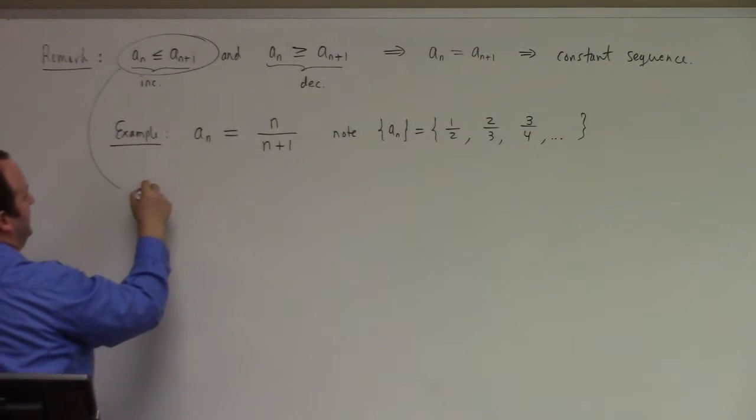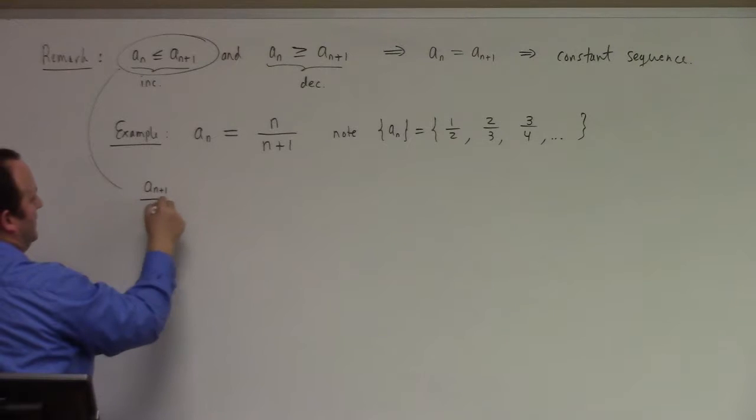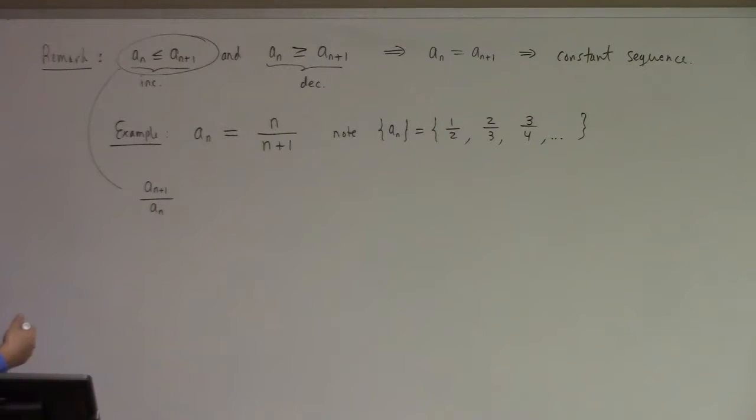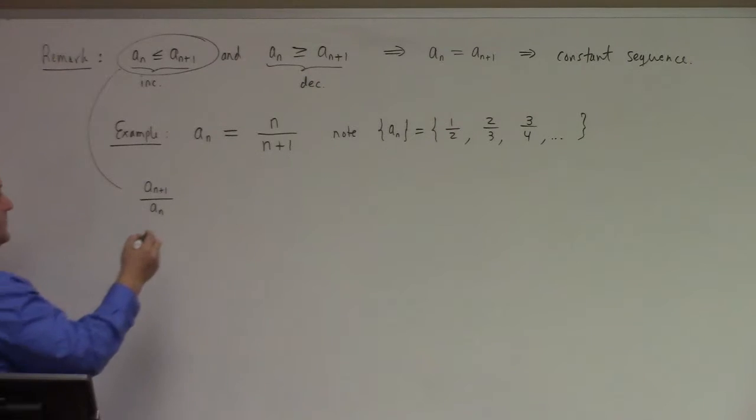How about this? If we have a_{n+1} over a_n, assuming that we're looking at a non-zero sequence, it should be greater than or equal to 1.